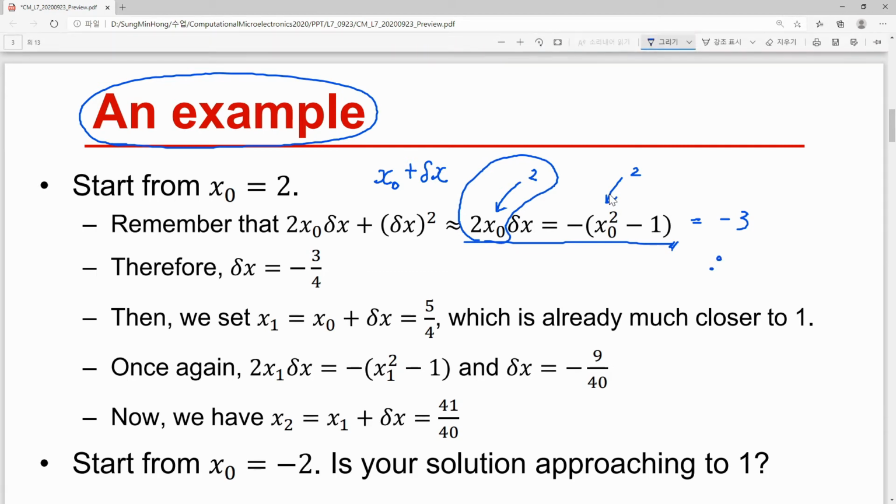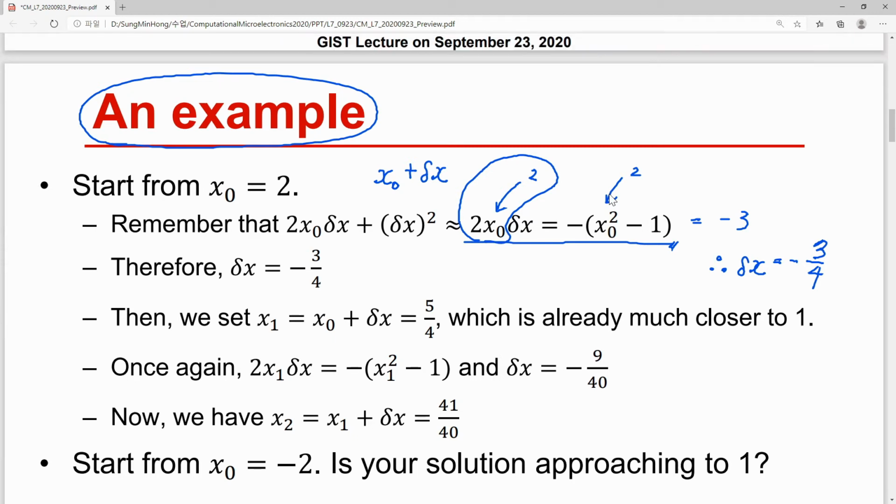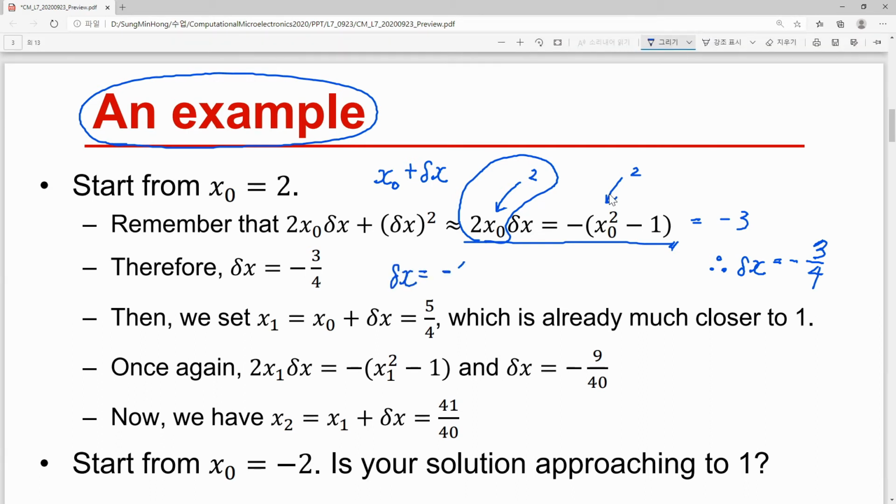So your correction delta x should be minus 3/4. If we had calculated in the exact way, the answer should be minus 1.